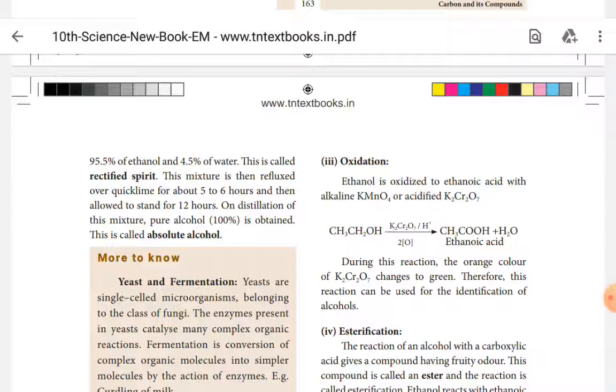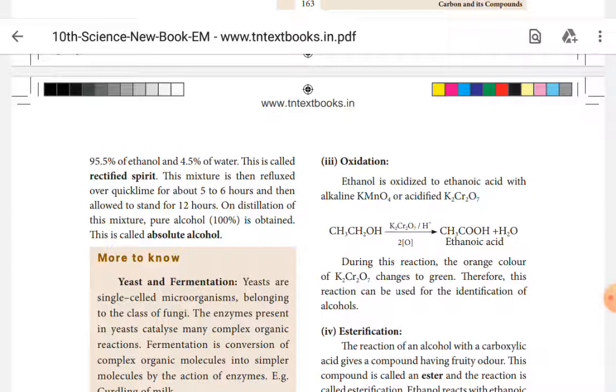So the wash is subjected to fractional distillation, and in this process rectified spirit is obtained. What is the composition of rectified spirit? Ethanol is 95.5% and water content is 4.5%.